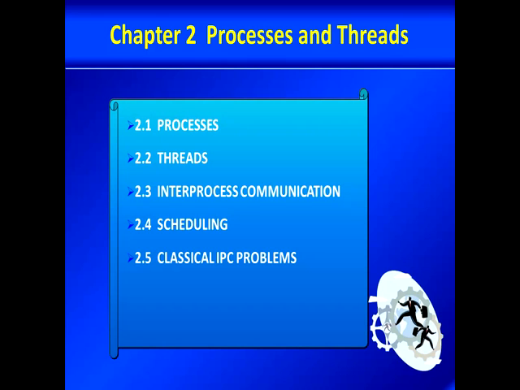During this period, the process is in the ready state. So ready state means the only thing the process needs is the resource for computing, which is CPU. So this is the meaning of ready state.